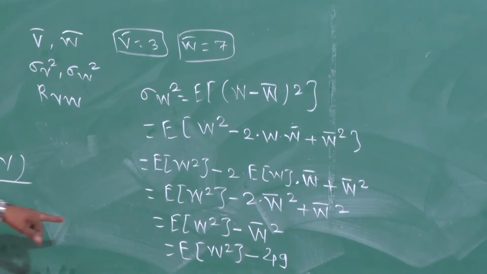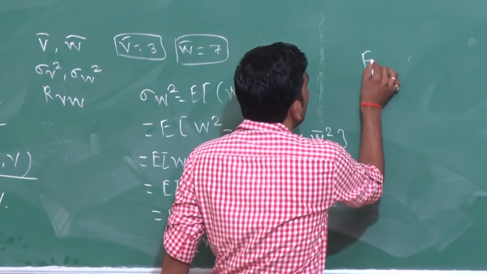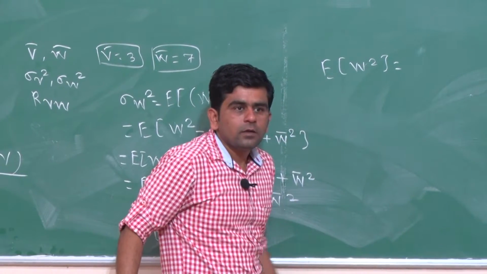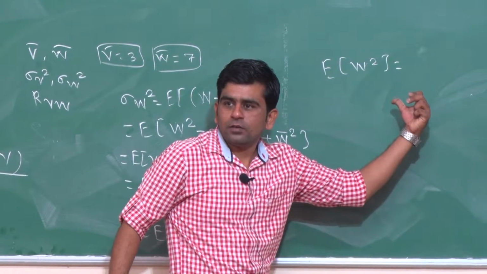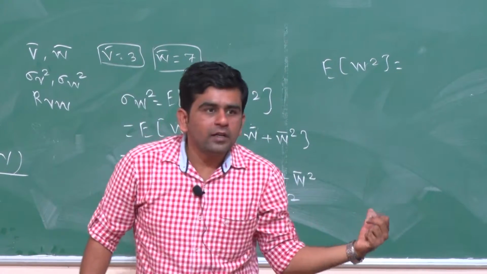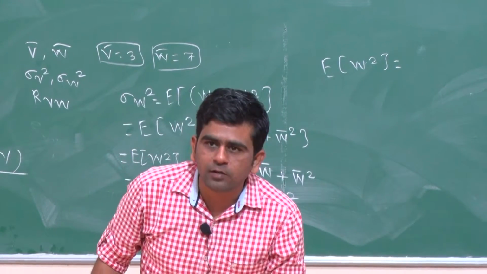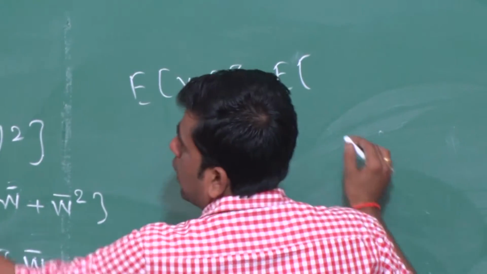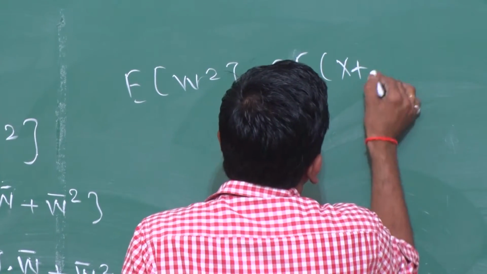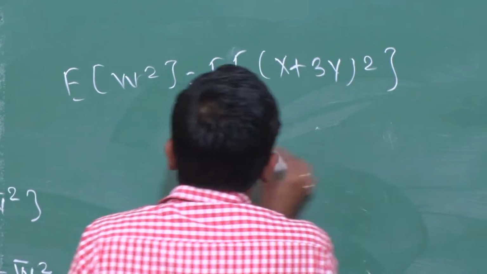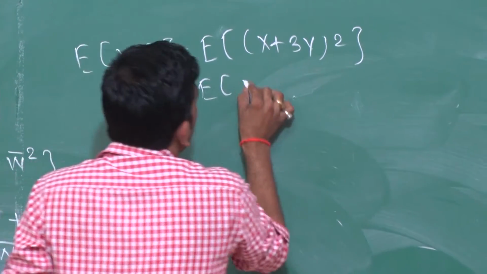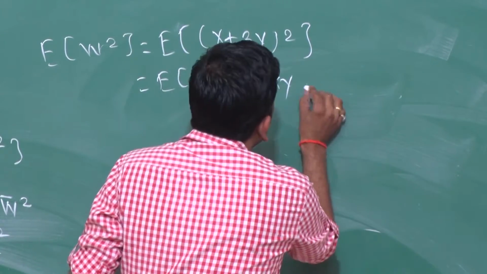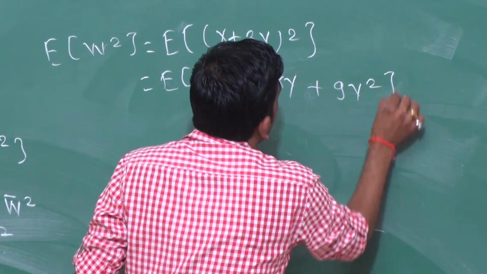Now we have to calculate this expected value of W square. This W is unknown for us, but W is a function of the random variables X and Y. So we have to put here expected value for W, which is X plus 3Y, whole square, that is expected value of X square plus 6XY plus 9Y square.